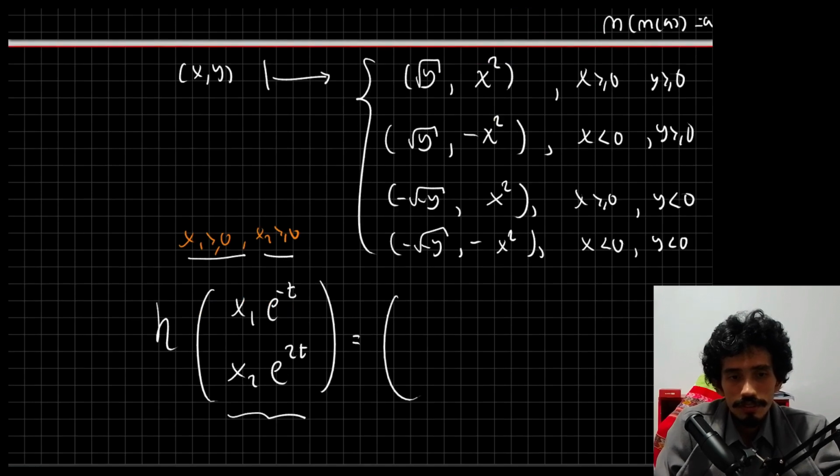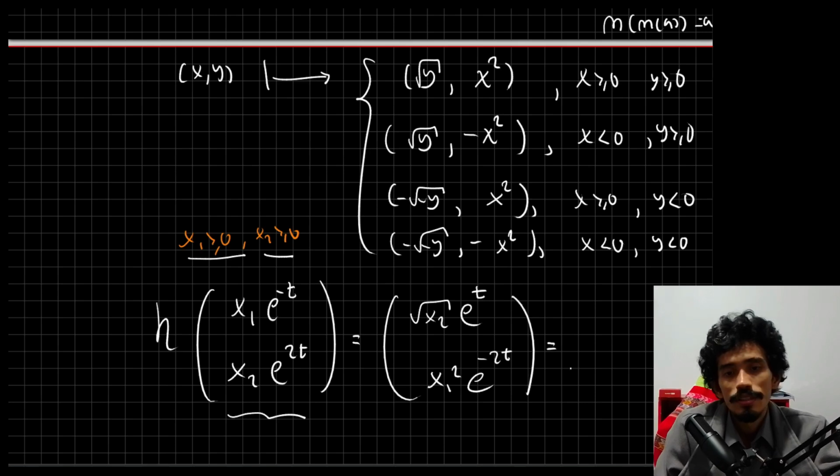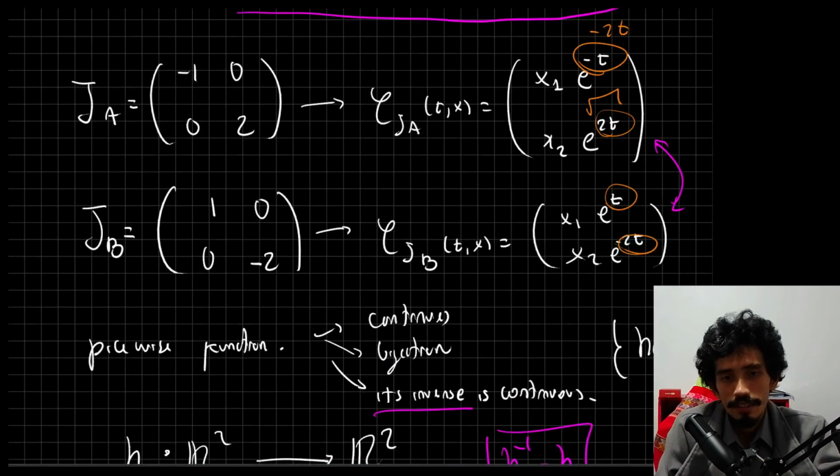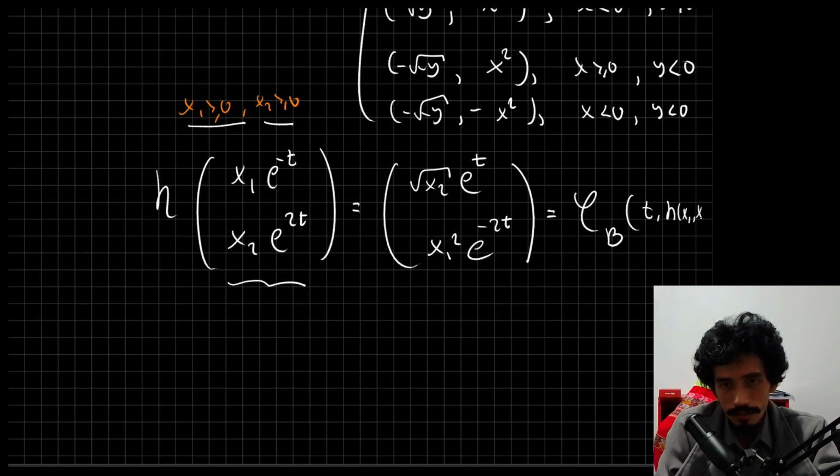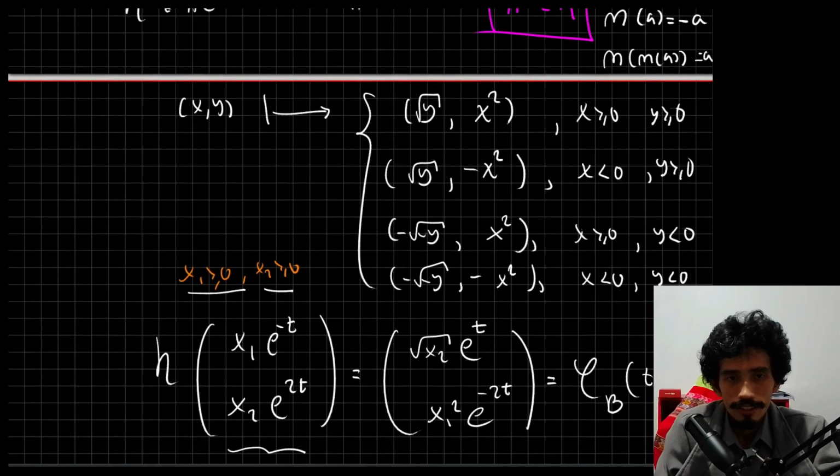It will be the square of this thing, and this is the power of 2 of x1 and minus 2, which is equal to the flux of B on h1, x1 and x2, because you have here this term that is the same as this, right?